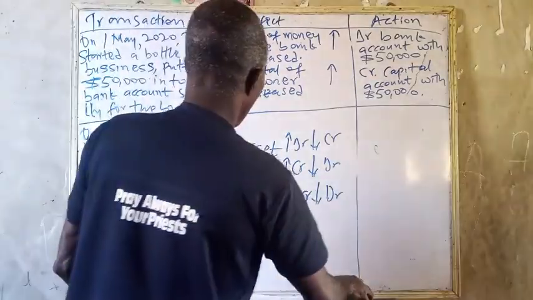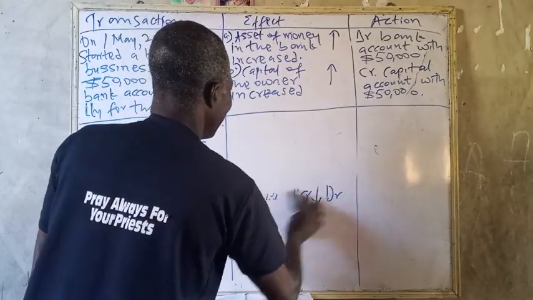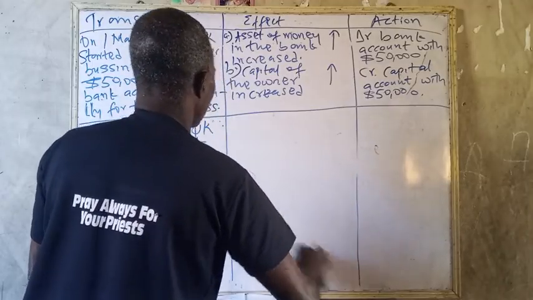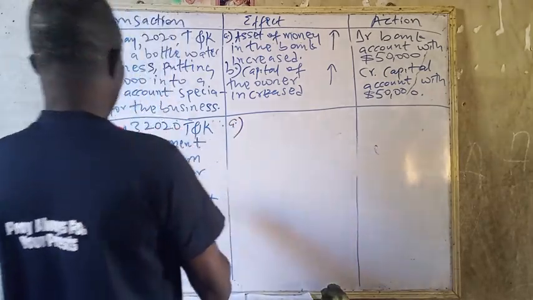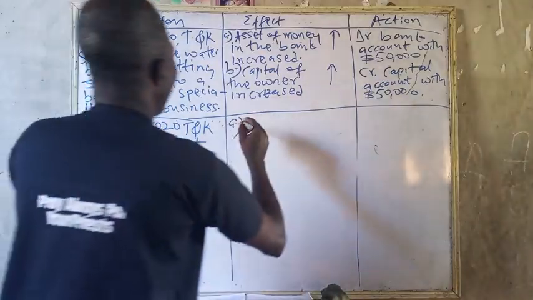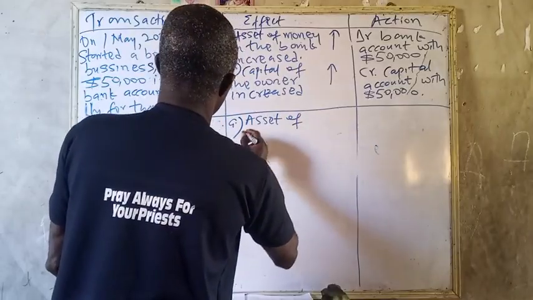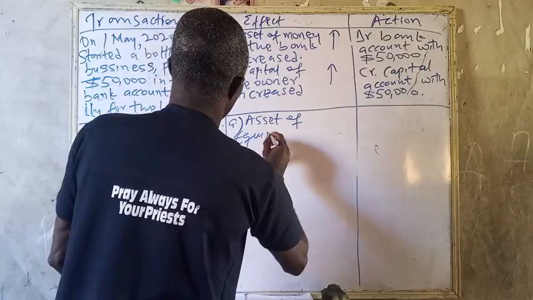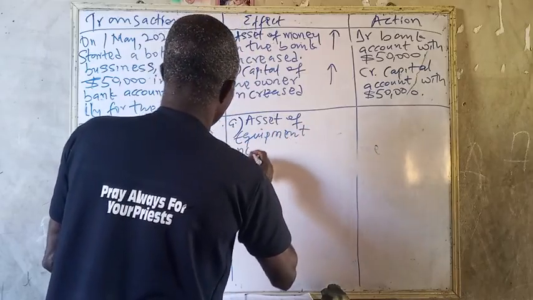So now let me put the effect here, like the other one. The first effect here is: asset of equipment increased.